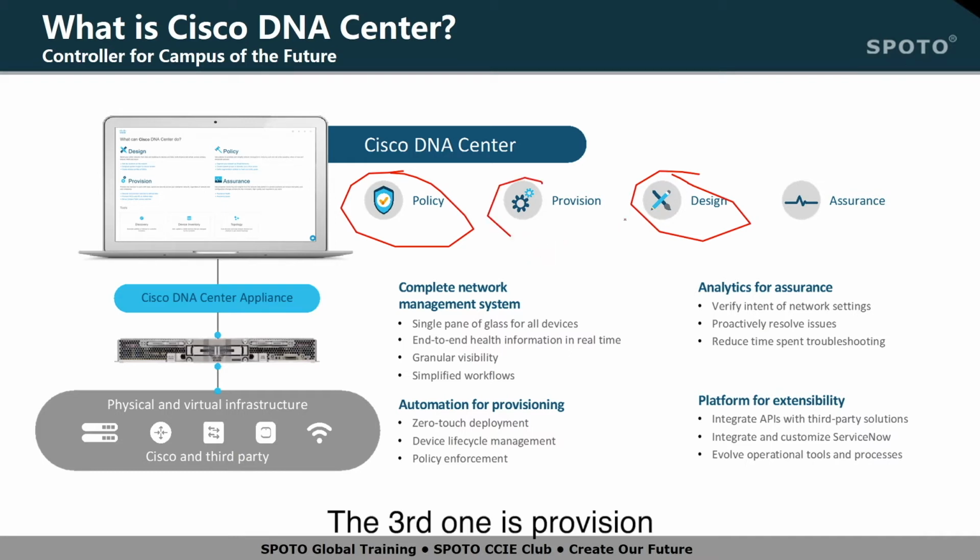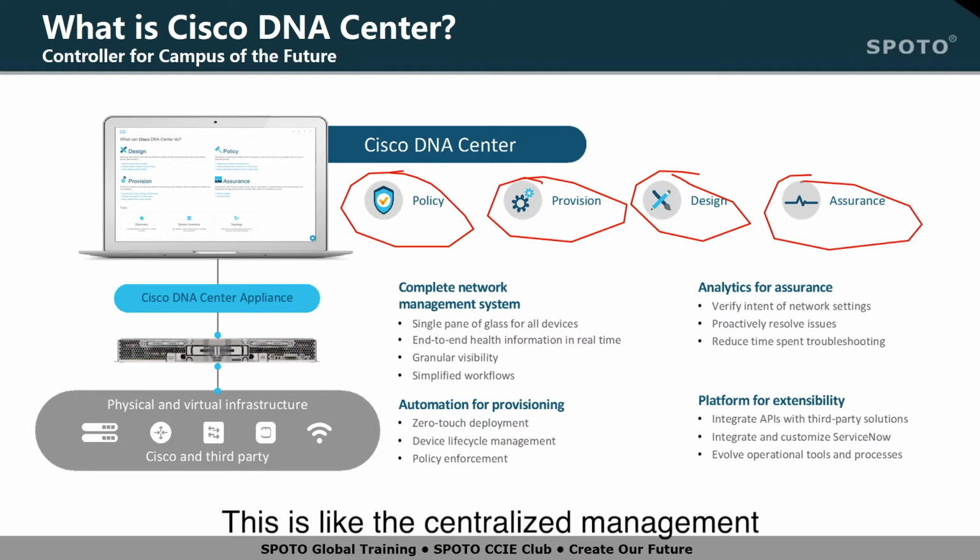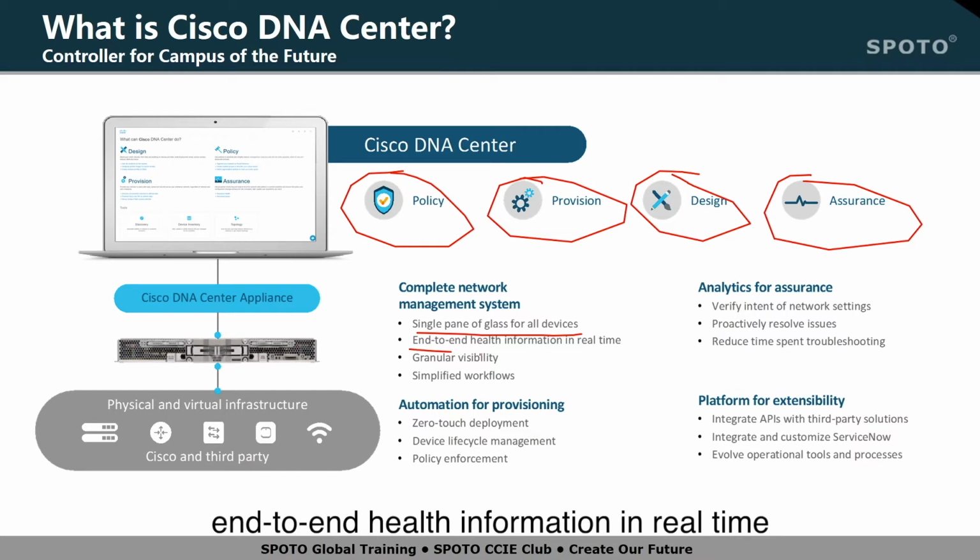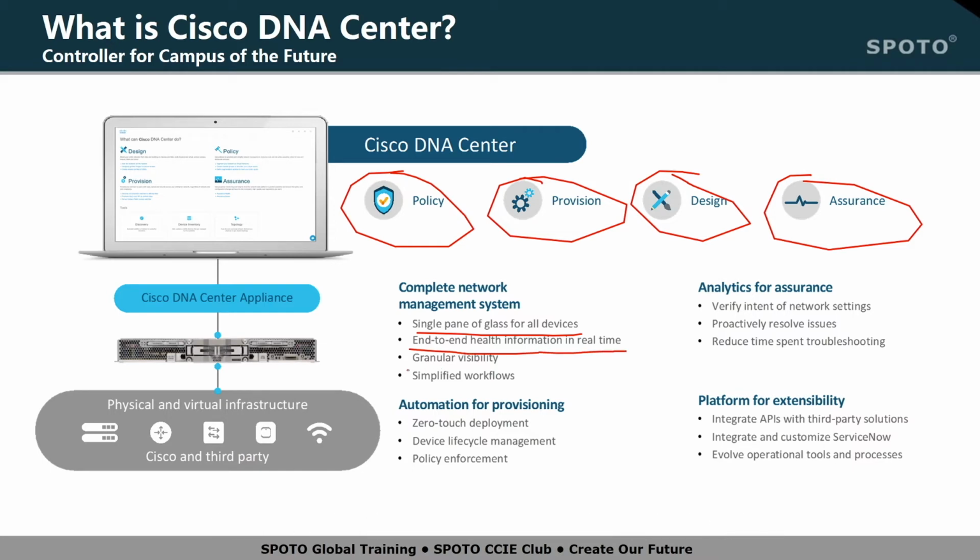The third one is provision. It will push these policies with the design to the hardware. The last one is assurance. This is like the centralized management, single pane of glass. It tells you what is going on and how healthy the network is. So it delivers a complete network management system. Single pane of glass of management, end-to-end health information in real time, granular visibility, and simplified workflow.